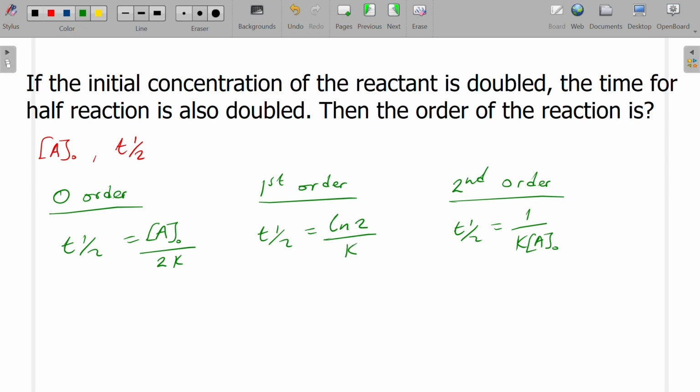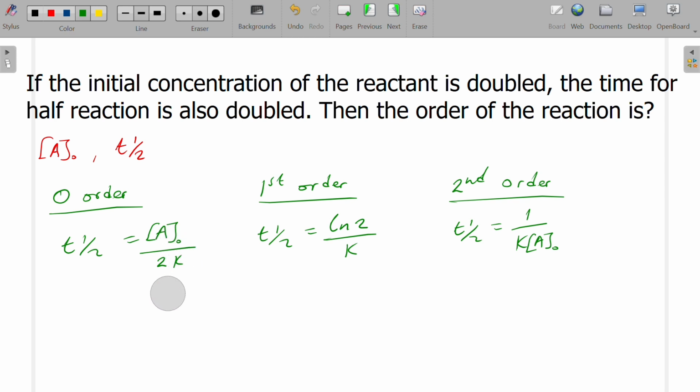So the reaction in question is not first order, because T half is not affected by the initial concentration if the chemical reaction is first order. So it is only affected by the initial concentration if a reaction is zero order or second order. As we can see, in second order we have the initial concentration, and also in zero order we have the initial concentration.